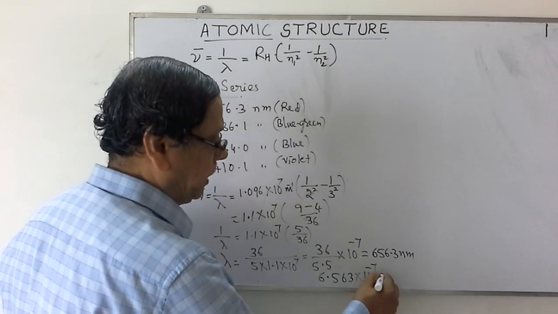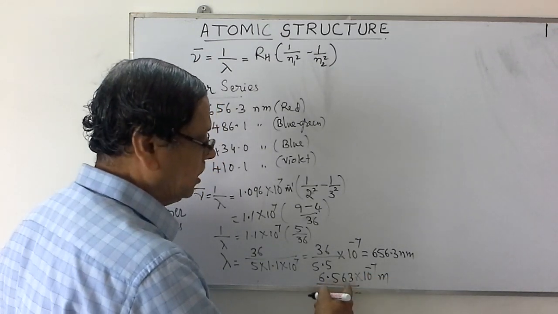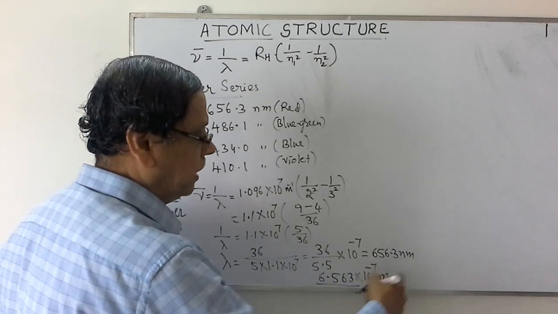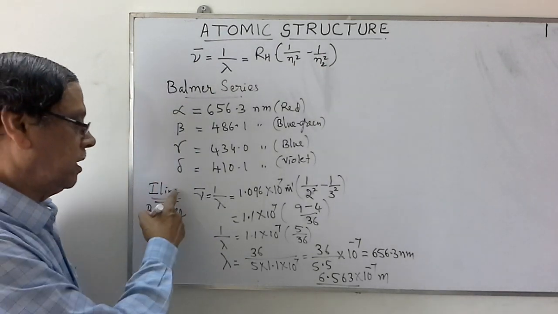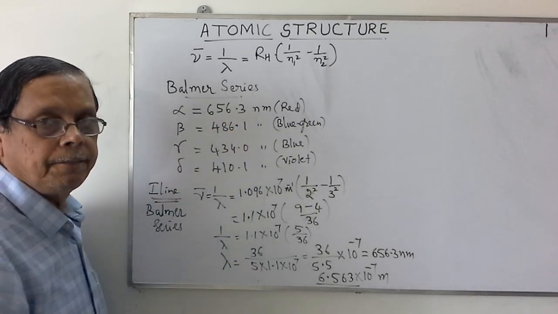This is in terms of meter. I am converting this to nanometer, so it is 656.3 nanometer. That is the wavelength of the first line of the Balmer series, which appears as a red line.